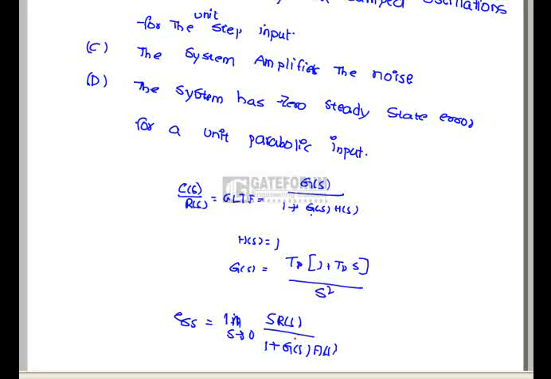If we substitute the corresponding values, where R of s is the parabolic input, H of s equals 1, and G of s is mentioned in the above equation, then we will get a finite value. But option D specifies it as 0. Hence option D is the wrong statement regarding the above closed loop feedback system. Hence option D is correct.